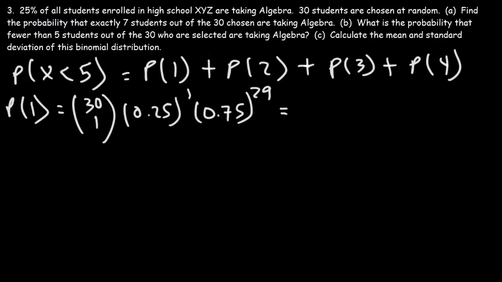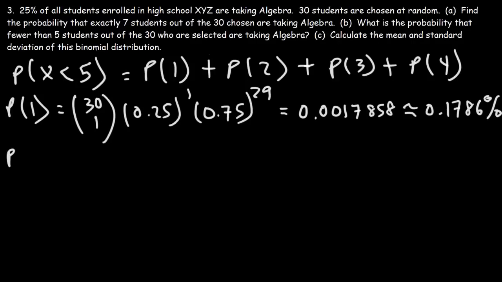So this is going to be 30C1, hopefully you have a calculator that can do that, times 0.25 times 0.75 raised to the 29th power. And so you should get 0.00178858. Multiplying that by 100, this is approximately 0.1786%.